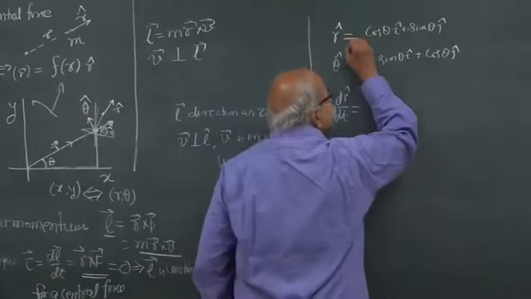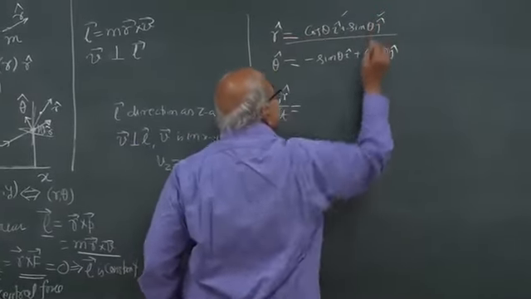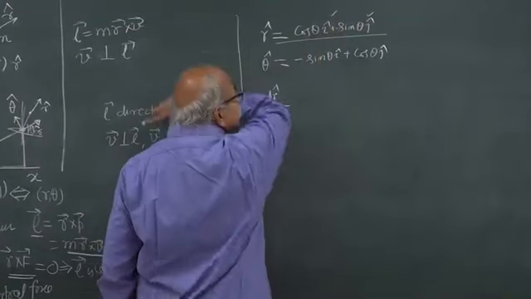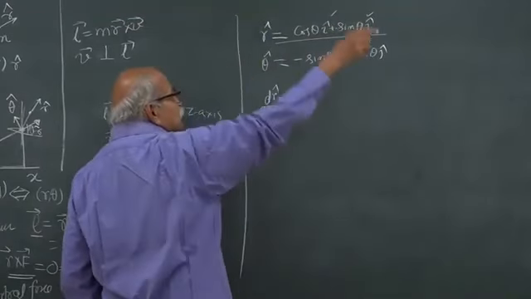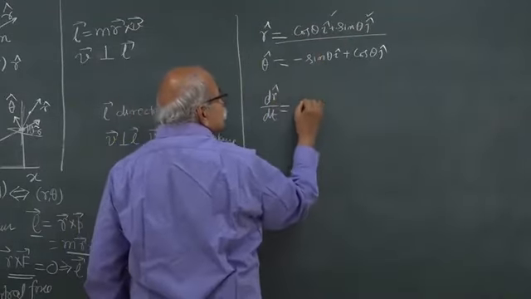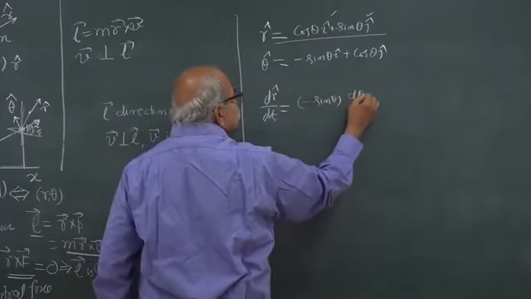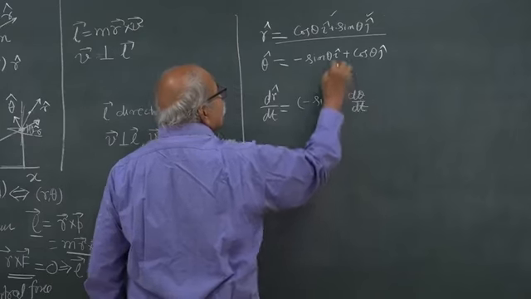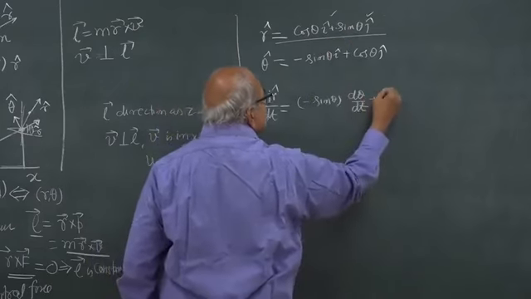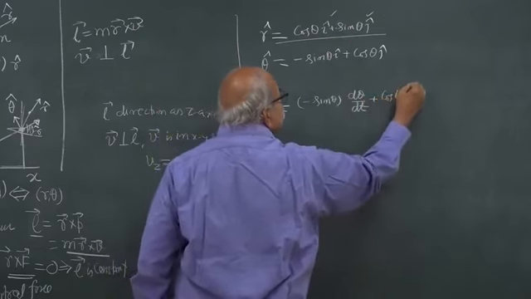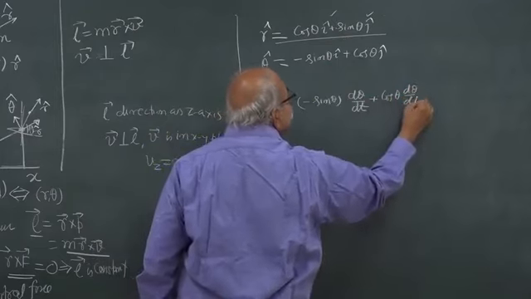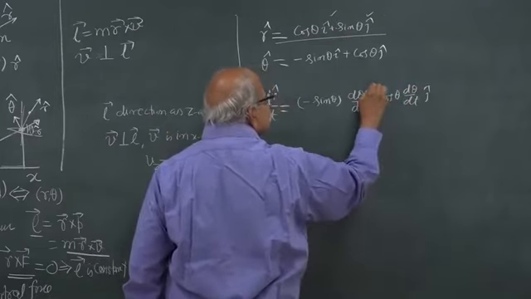Okay, so here are the fixed vectors i cap, j cap. Theta is variable, theta can change as the particle moves. So, this is minus sin theta and then d theta dt, and plus cos theta and then d theta dt, here is j cap, here is i cap.